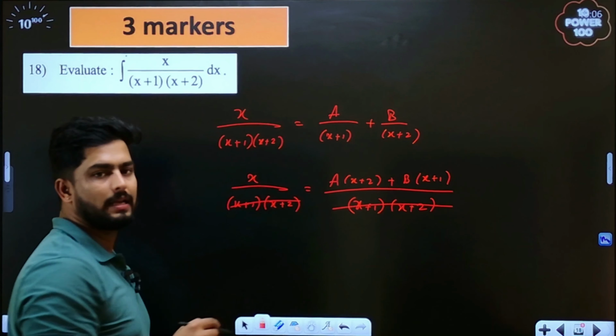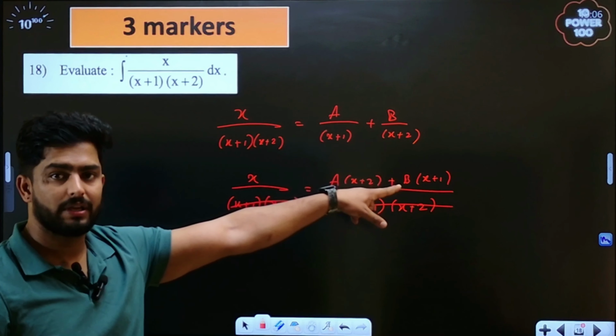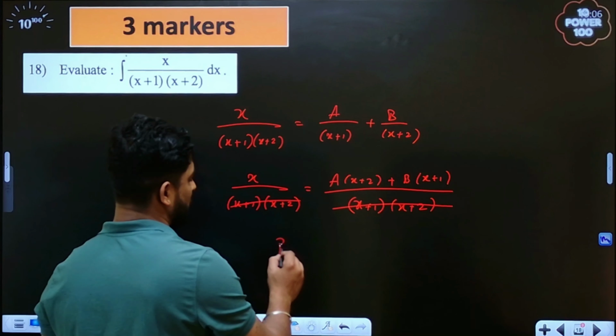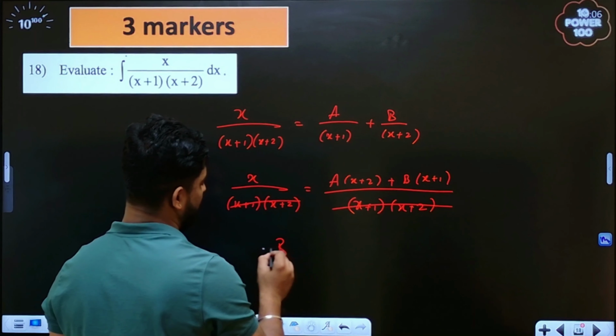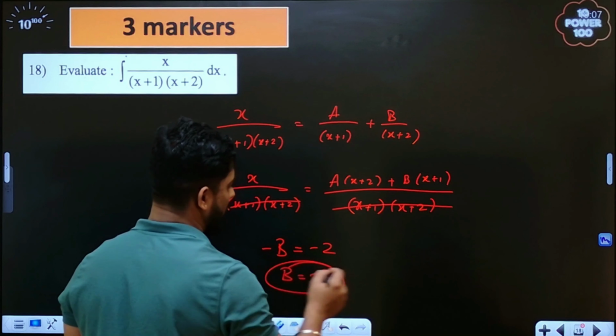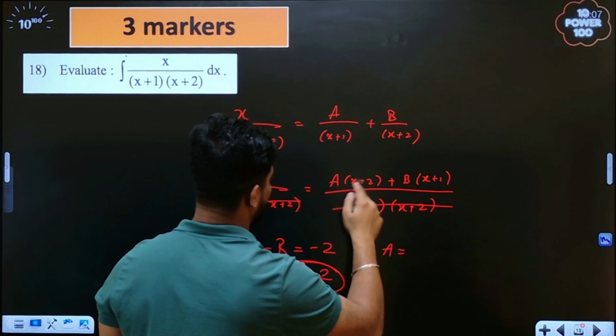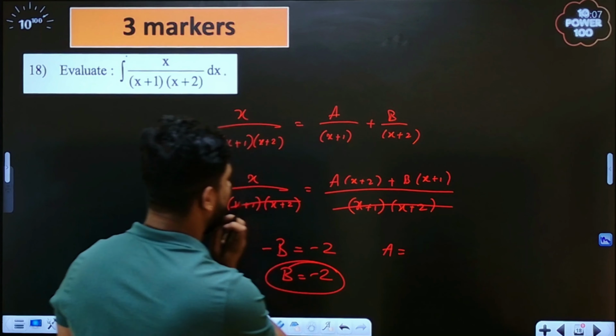So the denominator gets cancelled. Now if you take x is equal to minus 2, a becomes 0, so that we can find out b. So the b value is minus b is equal to minus 2, you get it. So the b value is minus 2, children, okay? And a value, so take minus 1, so 1 plus 2. Wait a minute, I made a mistake.